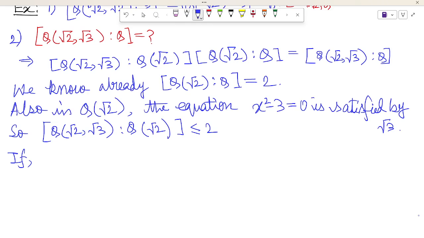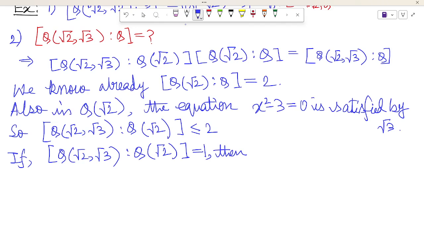So if the degree over Q root 2 is 1, then x square minus 3 equal to 0 has a root in it.